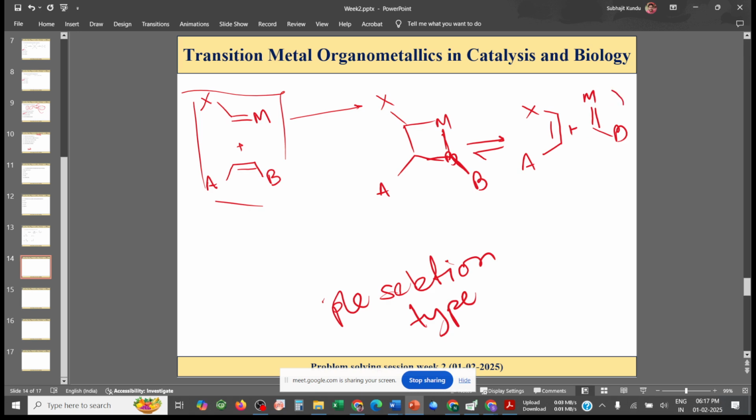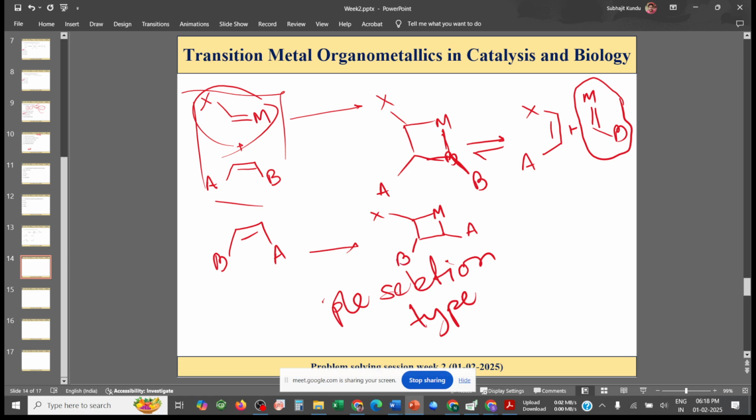Now this is another species generated, or another metal carbene species generated in the system, and if it undergoes the other possible way, that is B, A, now if this one reacts it will be X, M, A, B. Now this will generate X, B plus double bond A, metal.